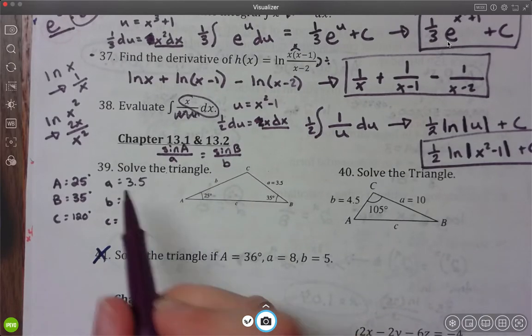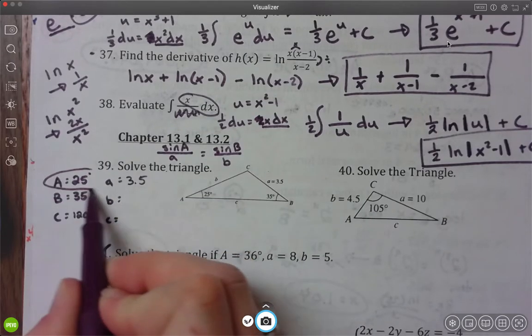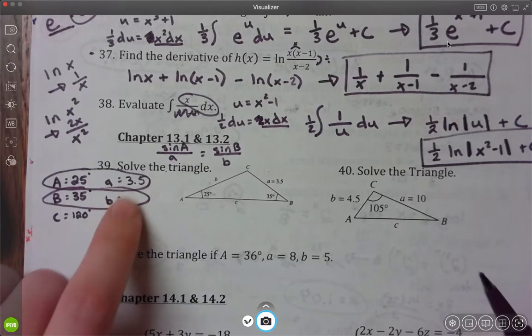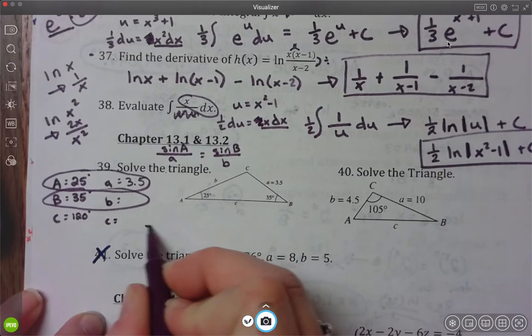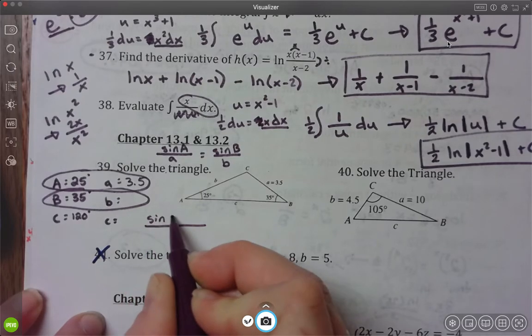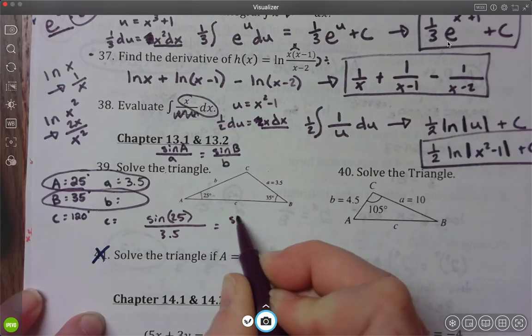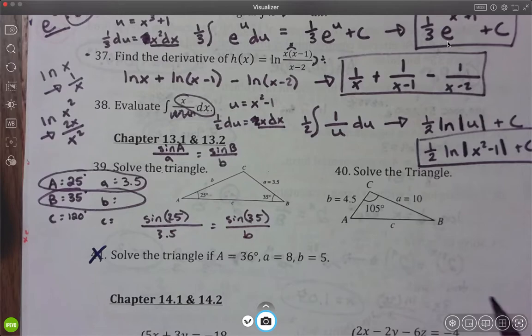So what I could do is I could use this law of sines, use this as my first piece, and then solve for B here as my second fraction. So let's go ahead and do that. Okay, so I have sine of 25 over 3.5 equals sine 35 over B. Okay, and then I'm going to cross multiply.